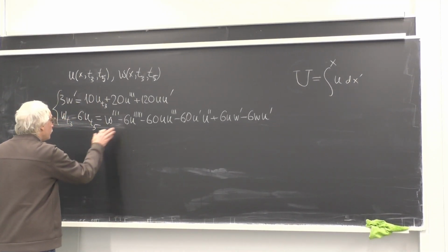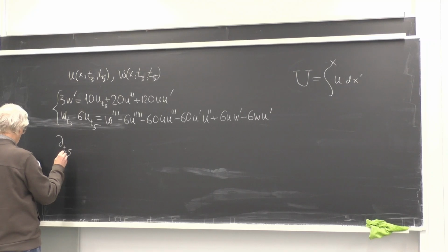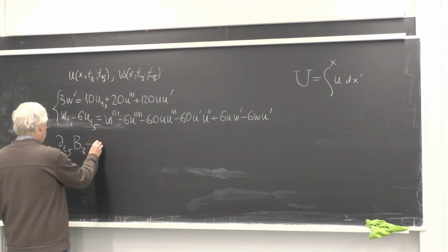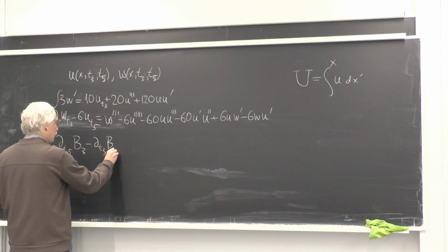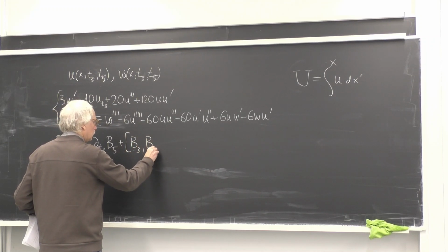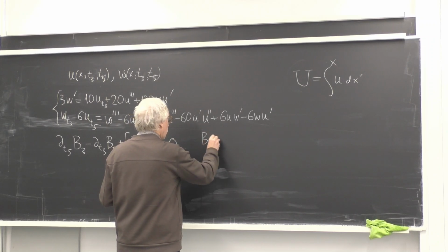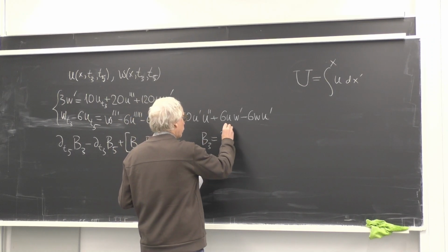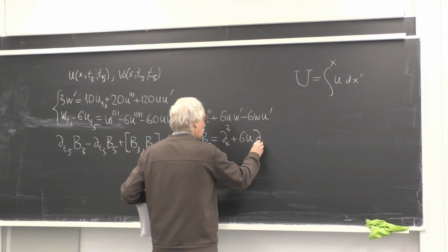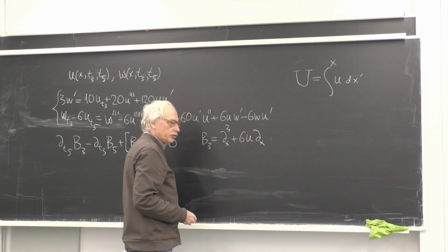This system is a compatibility condition for, follows from the Zakharov-Shabat equation for some differential operators, where B3 is a third order operator. It is important that the constant term is absent.